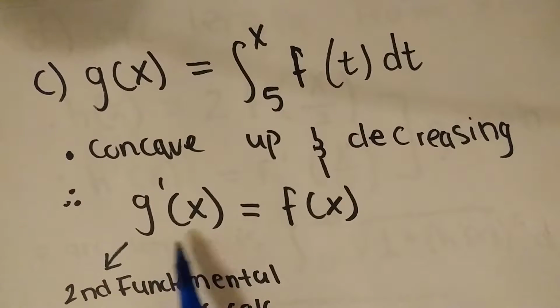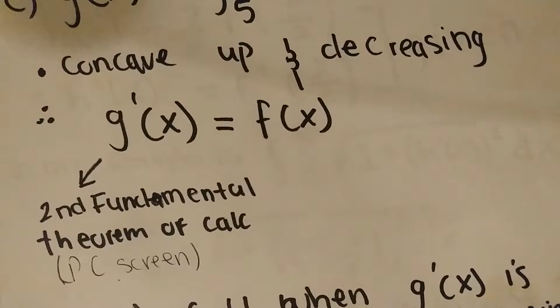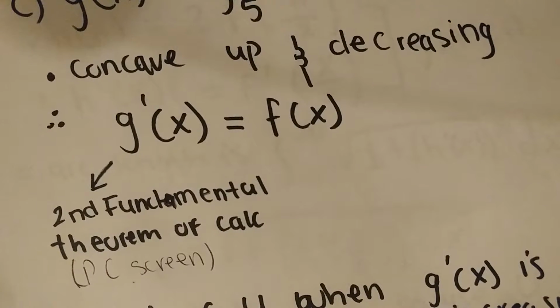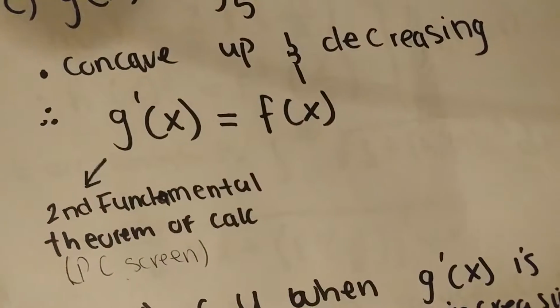So I can say that g prime of x equals f of x because of the second fundamental theorem of calculus, which basically says if F prime, or the antiderivative, works, in simple words, with f of x in a certain interval, then you can say g prime of x equals f of x.